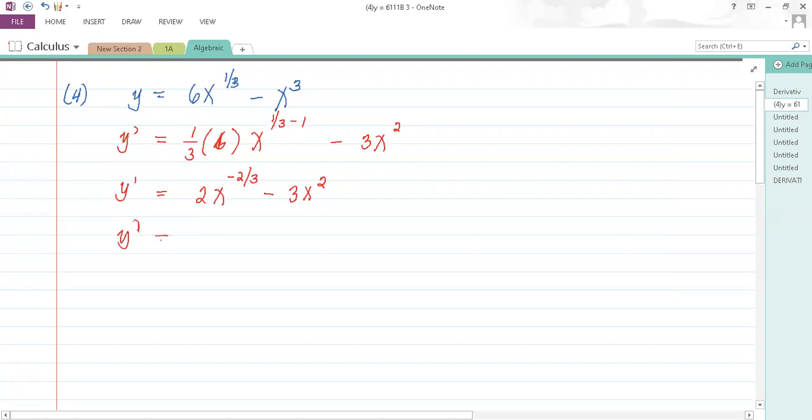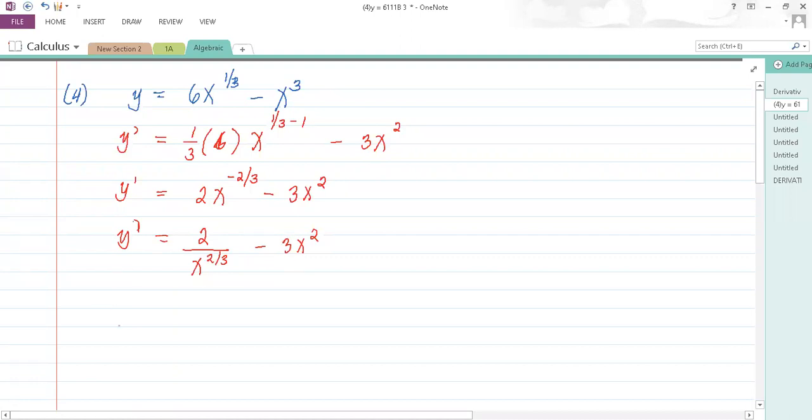Okay, so simplify further. Simplifying further, we have that is equal to 2 over x raised to 2/3 minus 3x squared, ma'am. Okay, so that is 2 over x raised to 2/3 minus 3x squared.